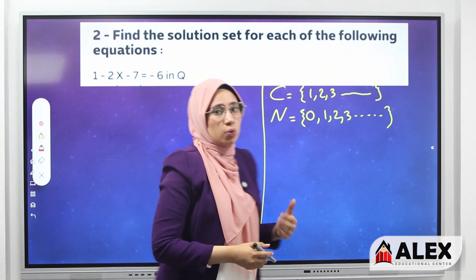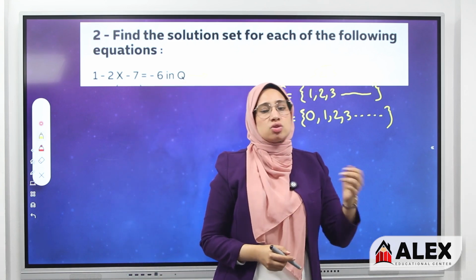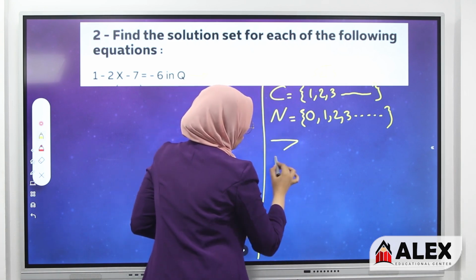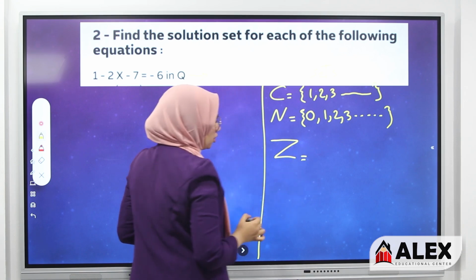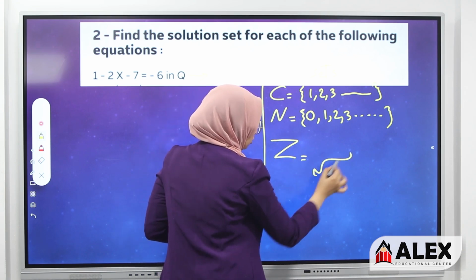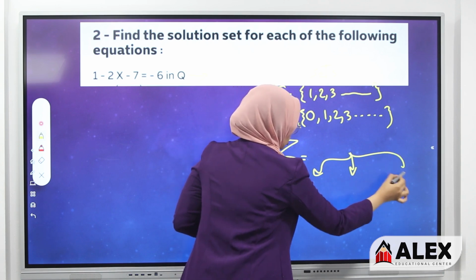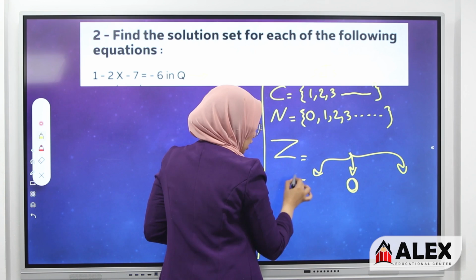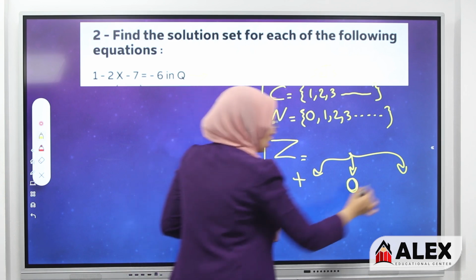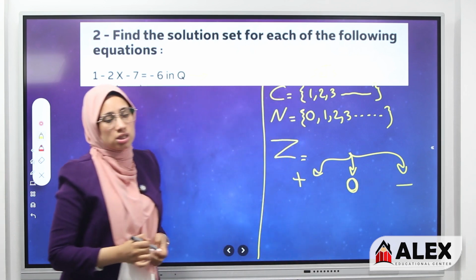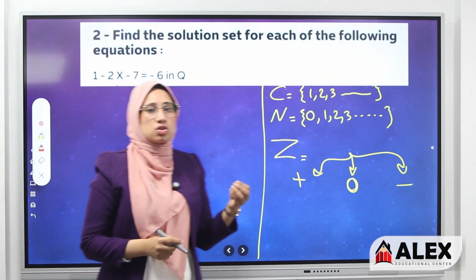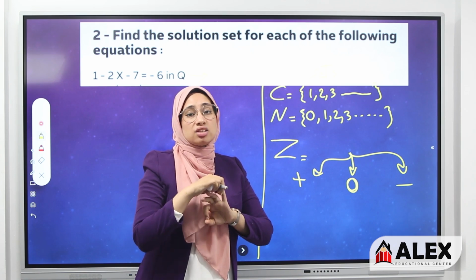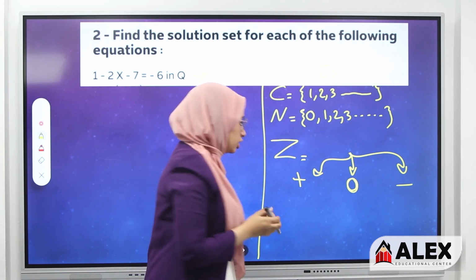Then we take the bigger set, which is the integer numbers. Integer numbers have 3 sets: 0, which is an integer number, the positive integer numbers and the negative integer numbers.